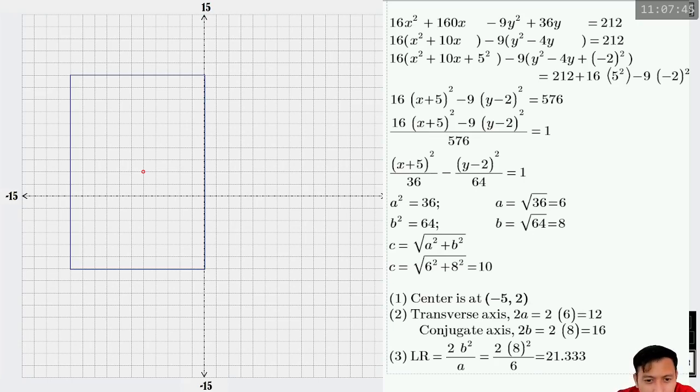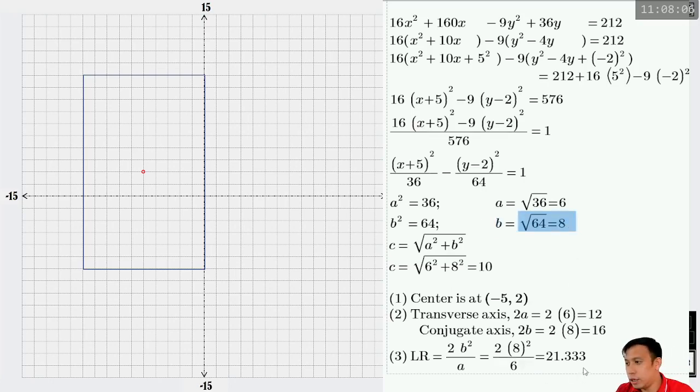So going back to the graphing. Make a rectangle. Again, as we got earlier, a equal to 6 and b equal to 8.